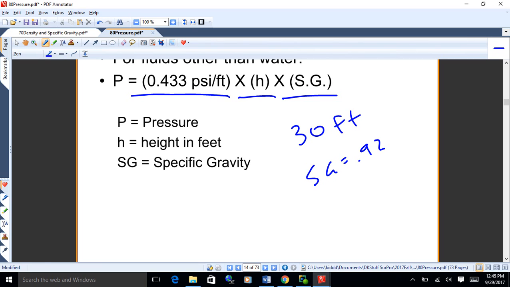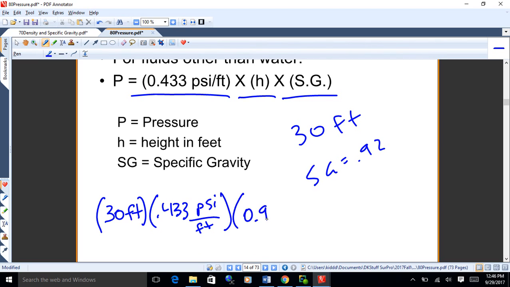You just do the regular pressure calculation and you multiply by 0.92. You okay with that, 11.95? Any questions on that?